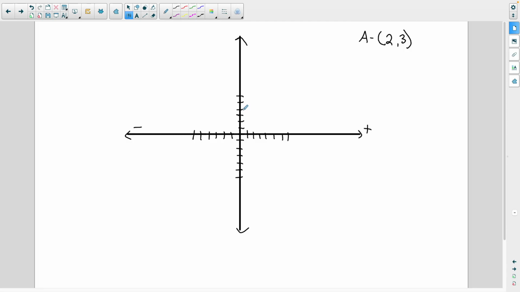And when we're going up and down the y-axis, when we go up, they are positive, and when we go down, they are negative. So 2, 3: this is our x, and this is our y. So this tells us to go to the right 2 and up 3. Right here, we're going to label it A.